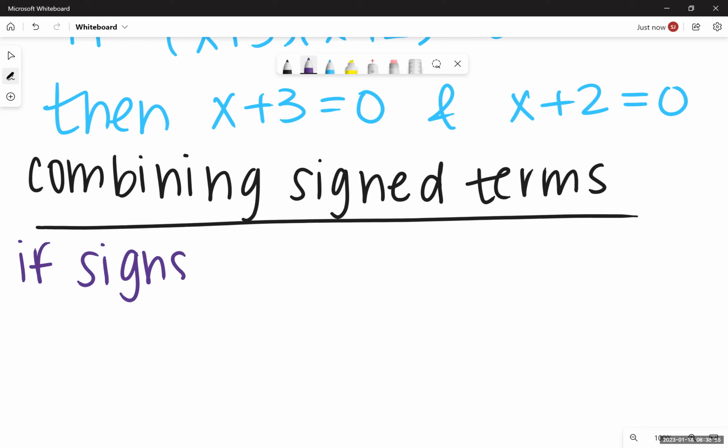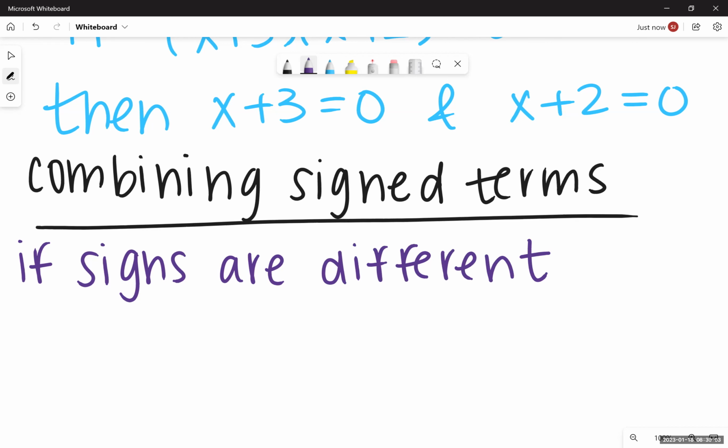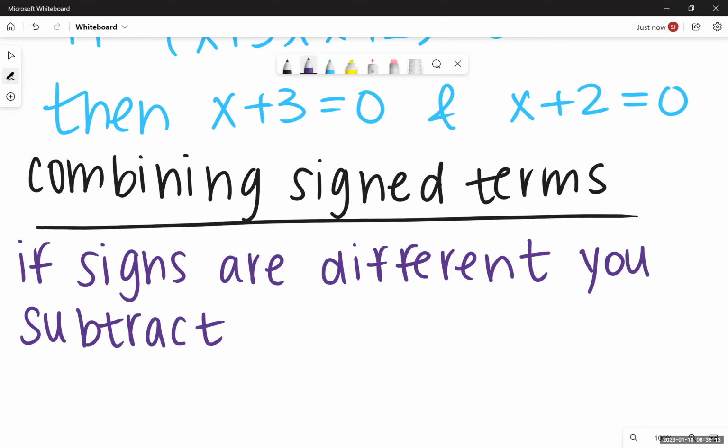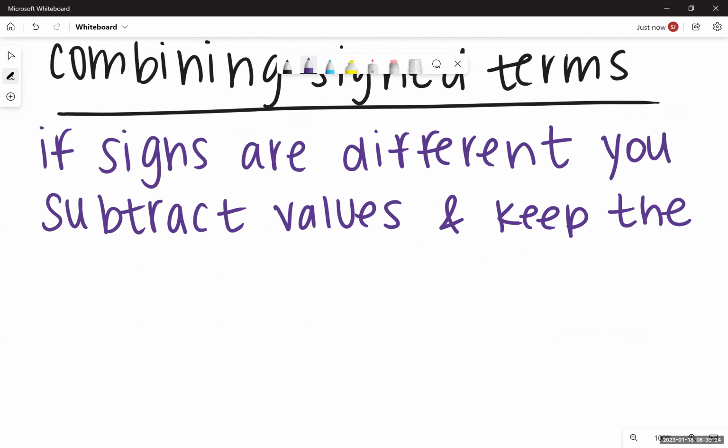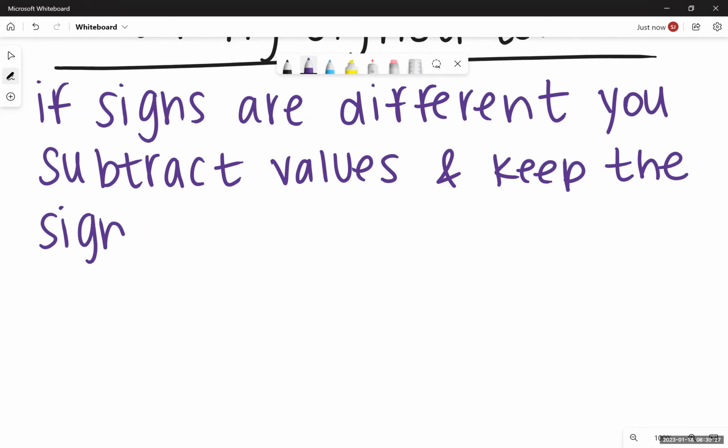If signs are different, you subtract values and keep the sign of the larger value.